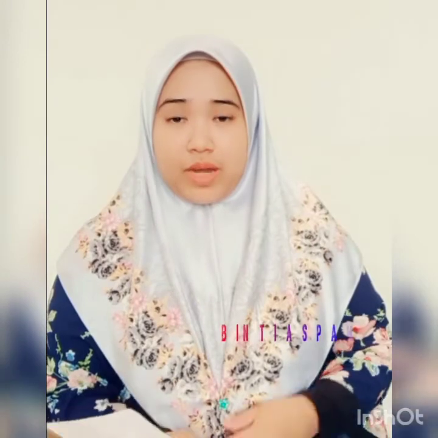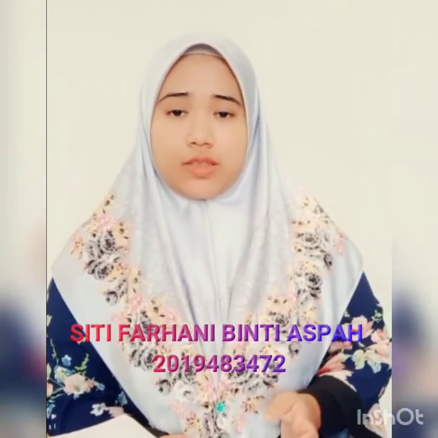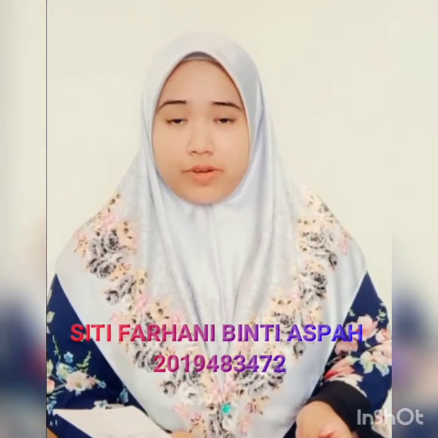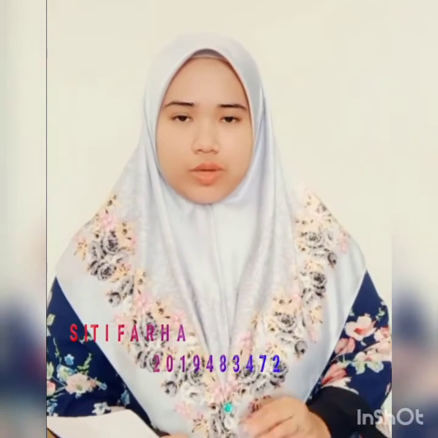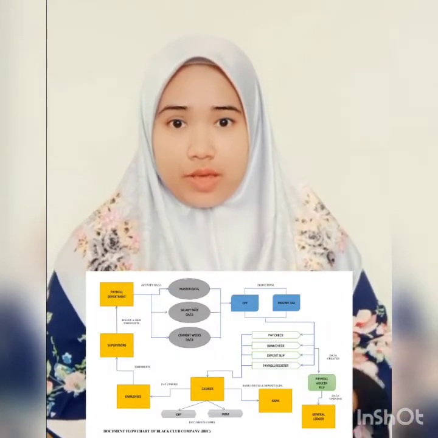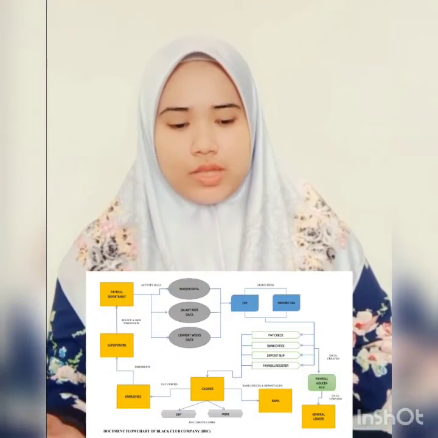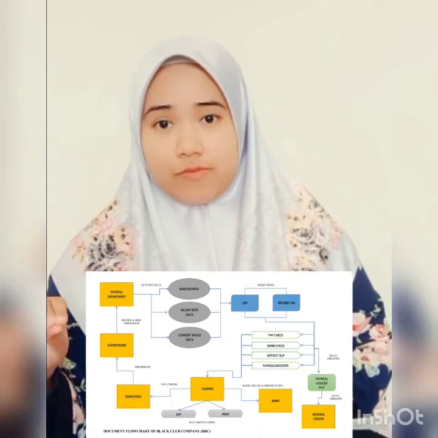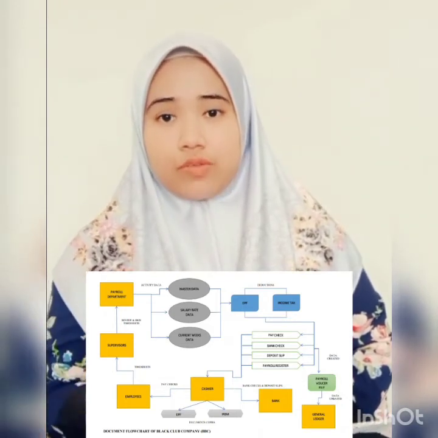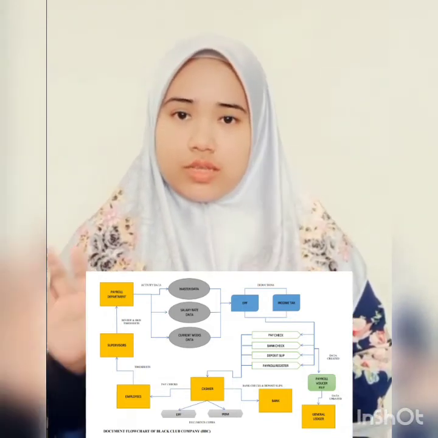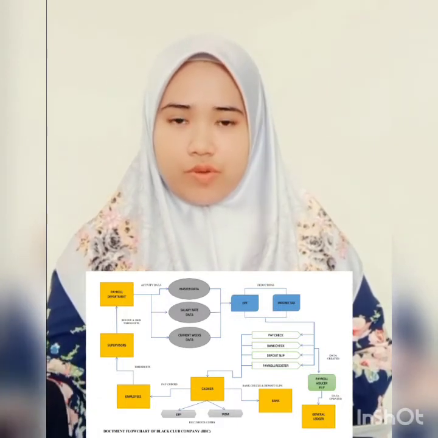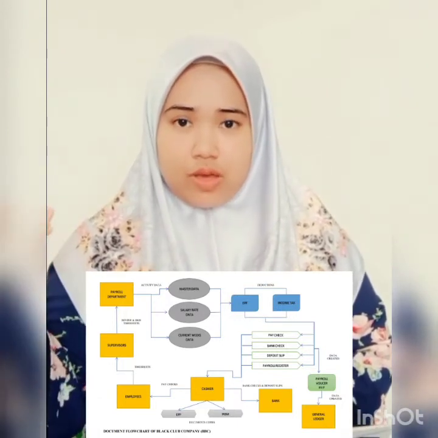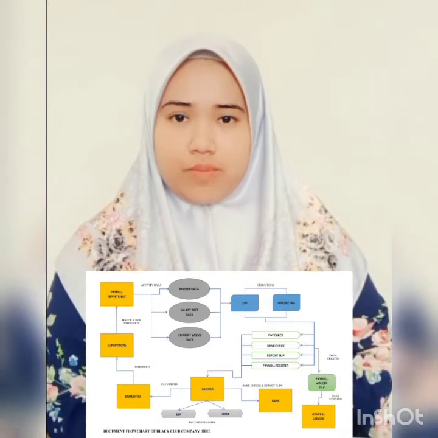Hello everyone, my name is Siti Farhani and I will be presenting about the payroll cycle, which is part 4 in this question, and I will be presenting the document flowchart of Black Club Company. As we can see, it starts from the employee filling out their timesheet and then sending it to the supervisor to be reviewed and signed before sending to the payroll department.